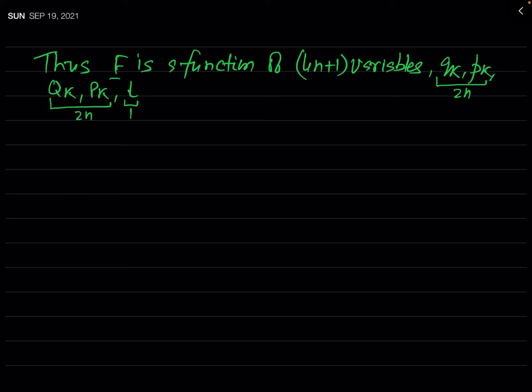But now let us see the transformation equation. You know the transformation equation, that is the canonical transformation. You know this is Qk equal to Qk of a small qk, a small pk and t. And similarly, capital Pk equal to capital Pk of a small qk, a small pk and t.